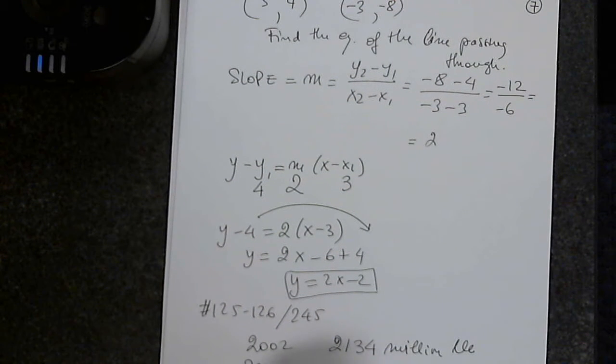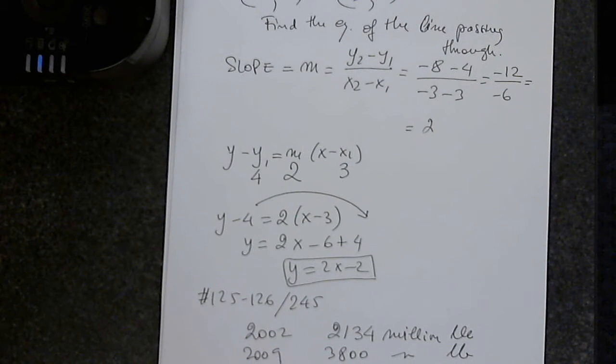In 2009, it rose to 3,800 million pounds. Use this information for exercises 125 and 126. Assume that the relationship between time and yogurt produced is linear, and write an equation describing this relationship.